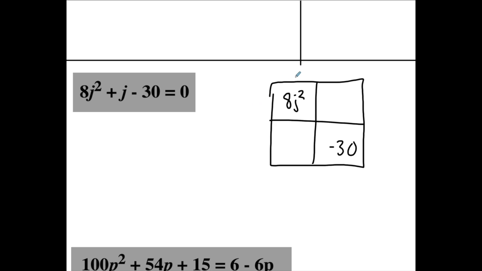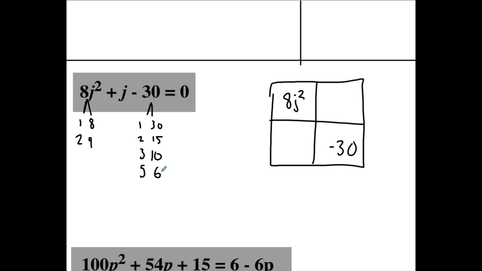I essentially need these two to multiply to 8j squared, and these two need to multiply to negative 30, and then I've got to get 1 when I add these up. To get 8, this is tricky because I could have 1 and 8, or 2 and 4, and for 30 I can have 1 and 30, 2 and 15, 3 and 10, or 5 and 6. So there are a lot of different combinations.